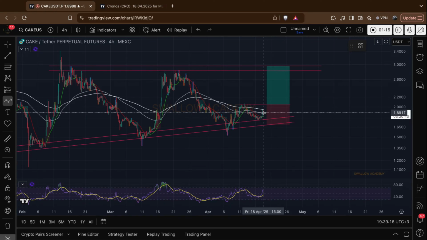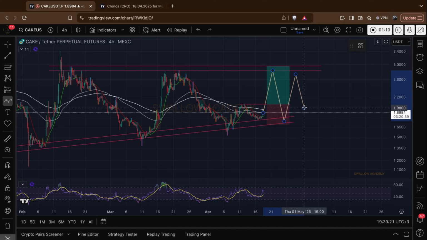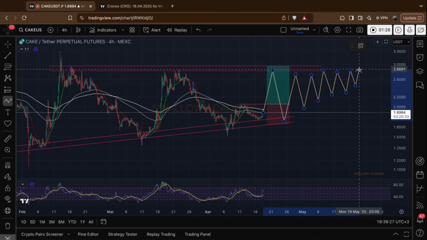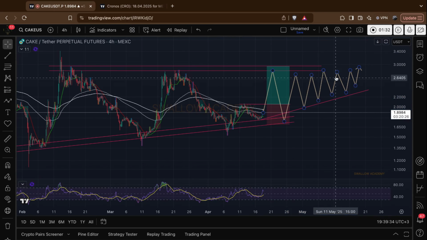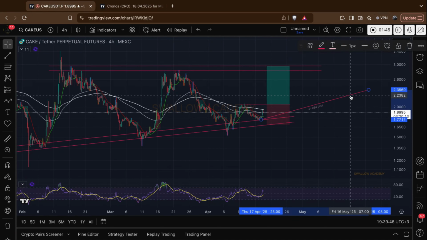So let's say we bounce up, we bounce down, we bounce up, we bounce down, we bounce up, and we continue to form these kind of movements, which means that this trend here will continue and it will tighten the gap in where the price can break out or break down from. It pressures the price and eventually we'll see a very sharp breakout or a very sharp breakdown. But this is a longer play that we have to see and wait.